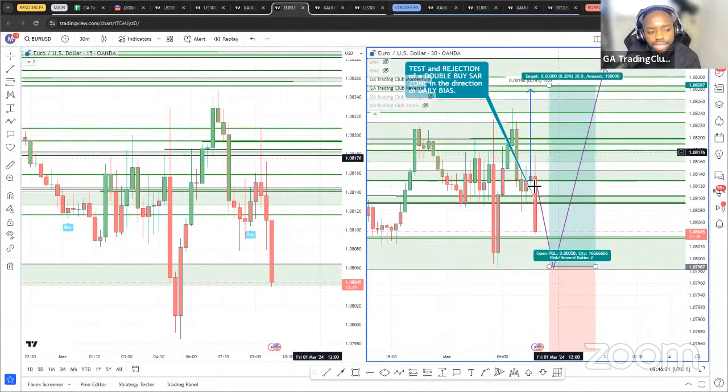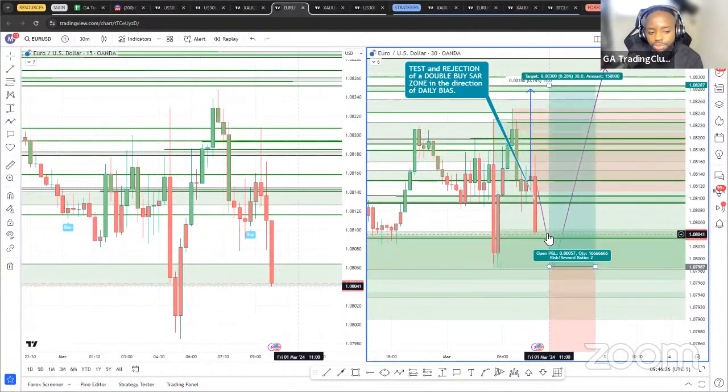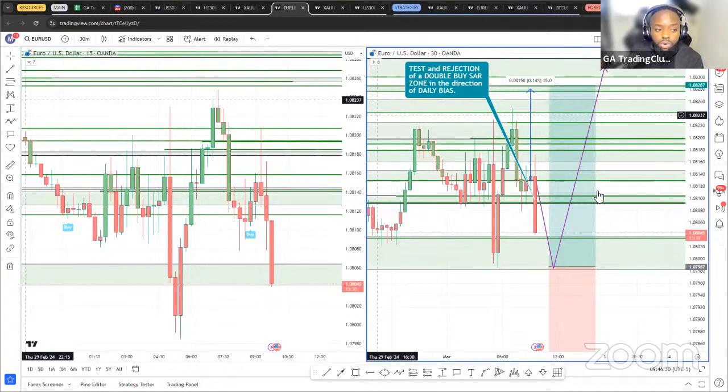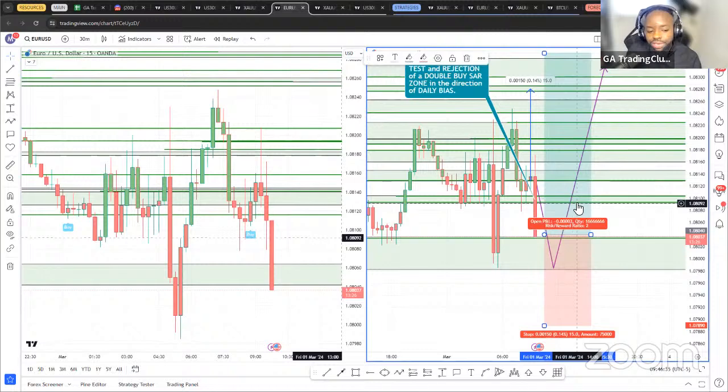Okay, and then I see that this trade has validated, and the zones indicator shows me that there's a lot of demand there. If the candles do close in and around that zone, yes, I would take that entry or that trade on the closure of that candle.